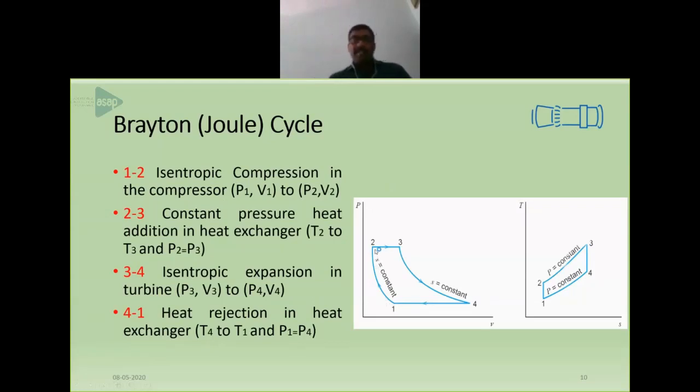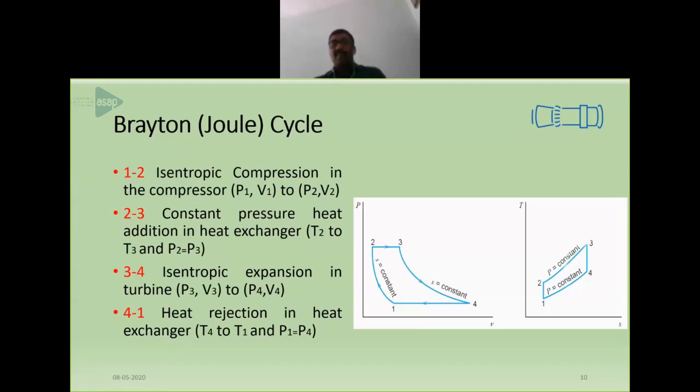During 2 to 3, there is a constant pressure process. So P2 and P3 are the same. Then V2 and T2 are changed to V3 and T3. From 3 to 4, P3, V3, T3 is changed to P4, V4 and T4. And the last process, again, T4 is changed to T1, where P1 and P4 are the same.